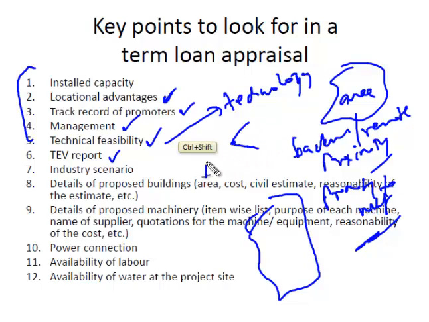For example, in the manufacture of aluminium, we have a variety of methods, but usually the Hall-Héroult process is the standard approach followed. So what you're basically looking at in technical feasibility is whether the process employed is standard, whether the machinery which the company is proposing to purchase is of standard quality, and the suppliers are standard companies, right?